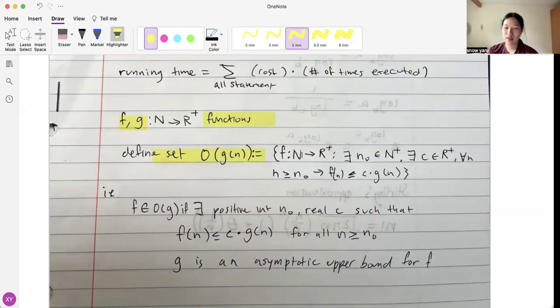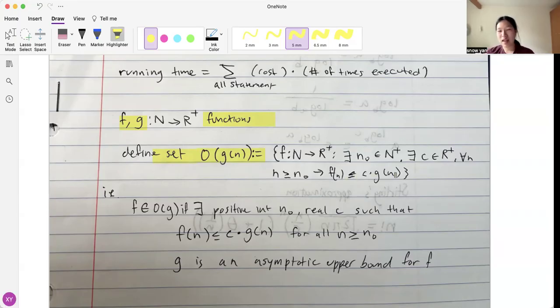Where f maps into the reals, and there exists some n-naught in the natural numbers, and there exists some positive real C, such that for all n greater than or equal to n-naught, f of n is smaller than or equal to C times g of n.